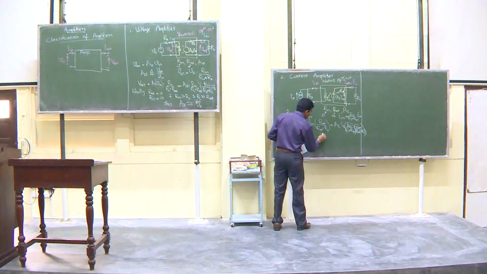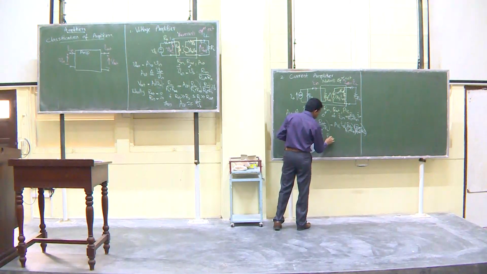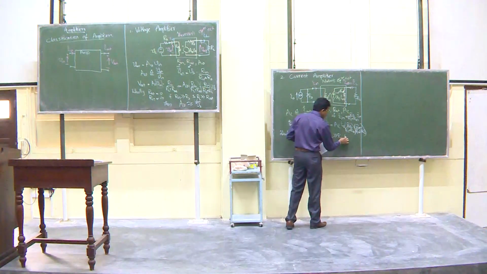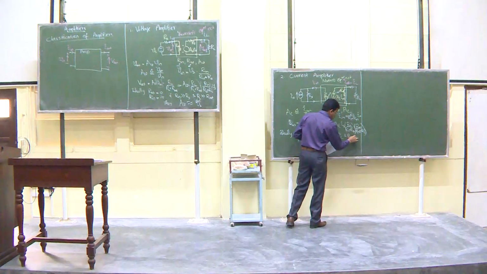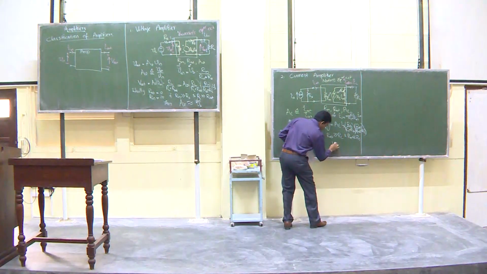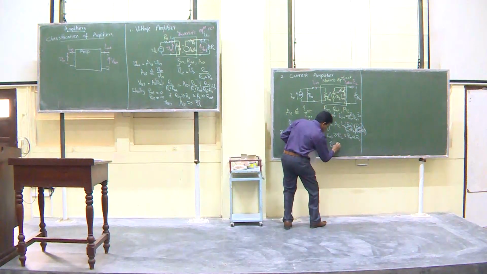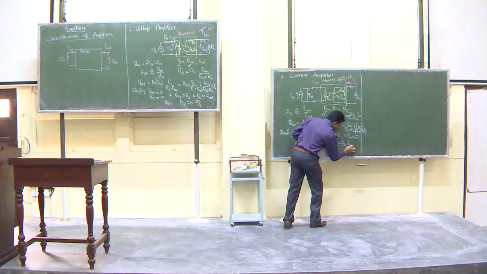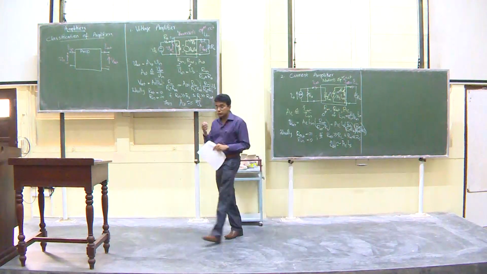Practically, if R out is much bigger than RL and R in is much less than Rs, then we can say I out is roughly equal to AI times Is. That is what we want, right.